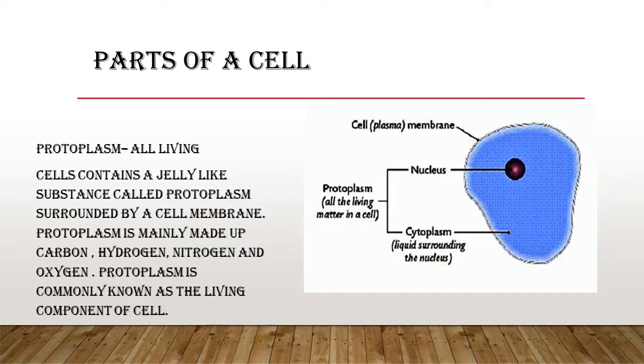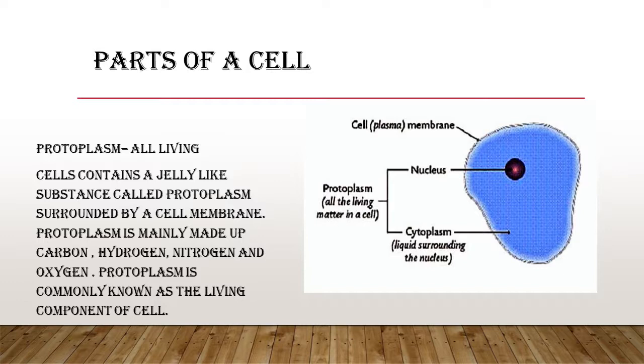Overall, with the diagram you can see that the outer boundary wall, the outer line, is named the cell membrane, and whatever component is enclosed inside that cell membrane is known as protoplasm. Protoplasm is basically all the living matter of the cell.